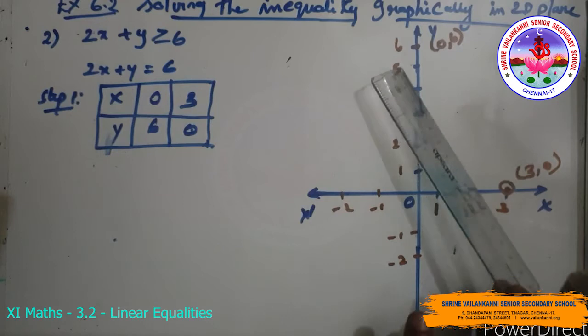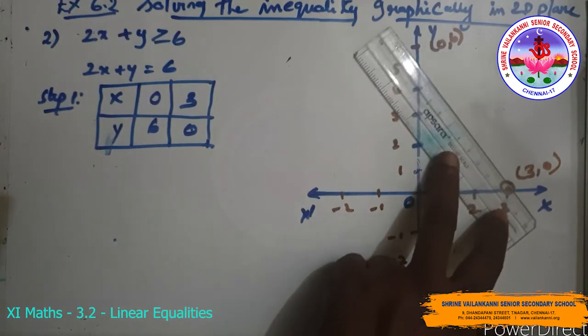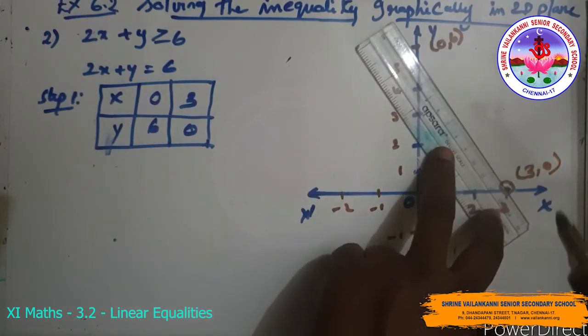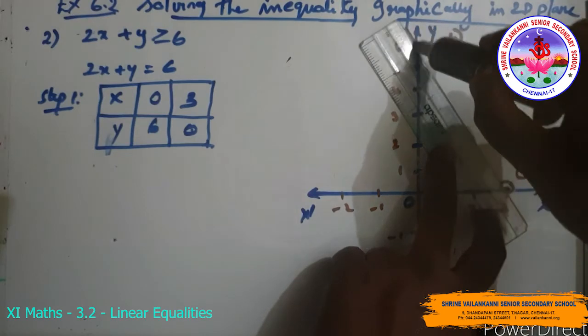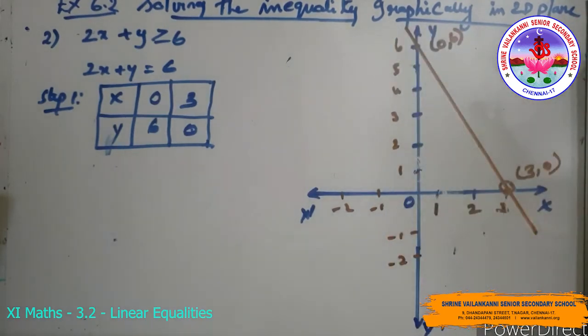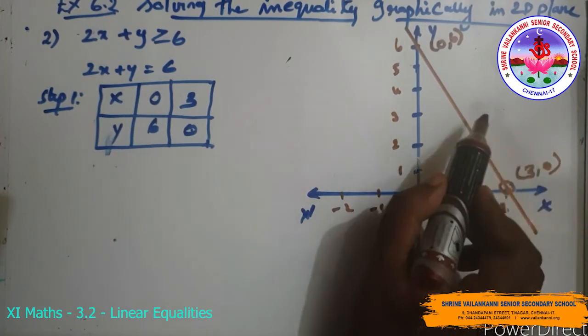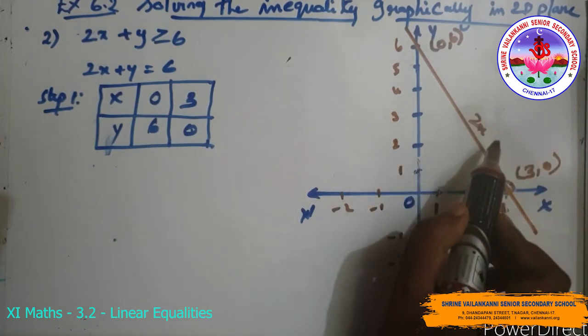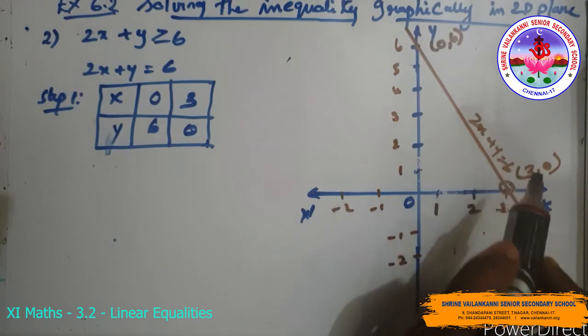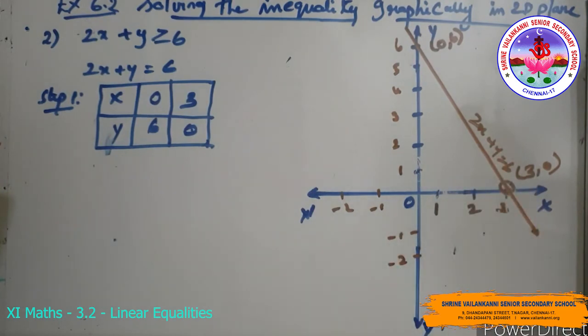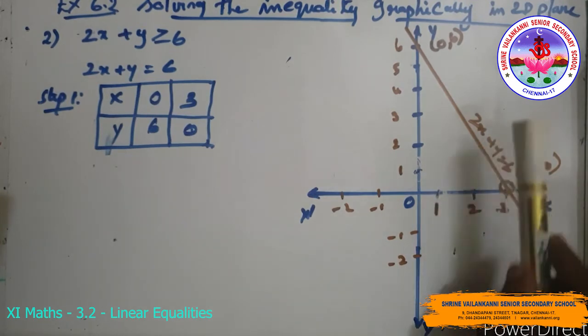For the slack inequality, we have to draw a line. So the equation of the line is 2x plus y equal to 6. This line divides the xy plane into two half planes, 1 and 2.